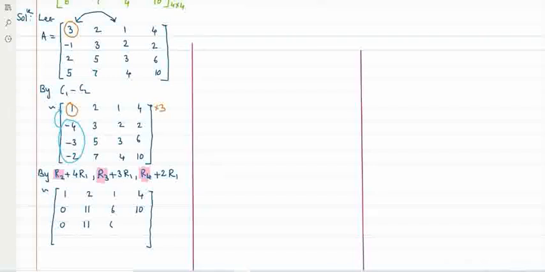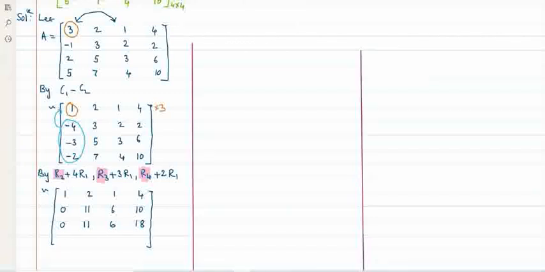3 plus 3, 6. 6 plus, what is the next element? 18. Yes, it's 18.